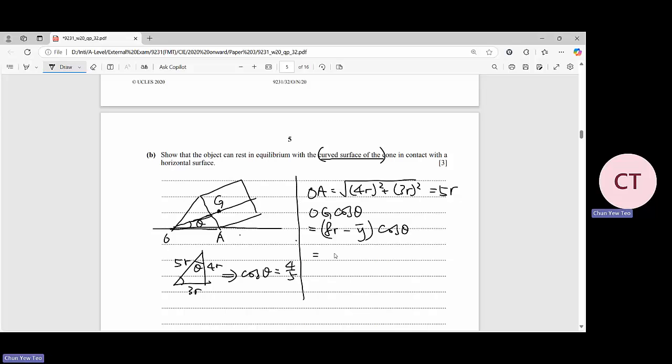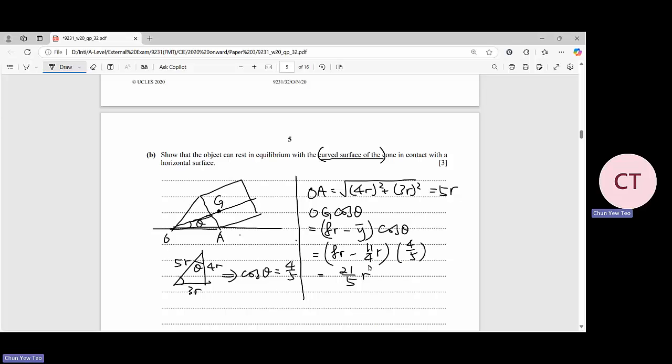So from here, OG cos theta is 8R minus the bar Y. Just now the bar Y was 11 over 4R. So your cos theta is 4 over 5. If you use your calculator, press it, you get 21 over 5R.